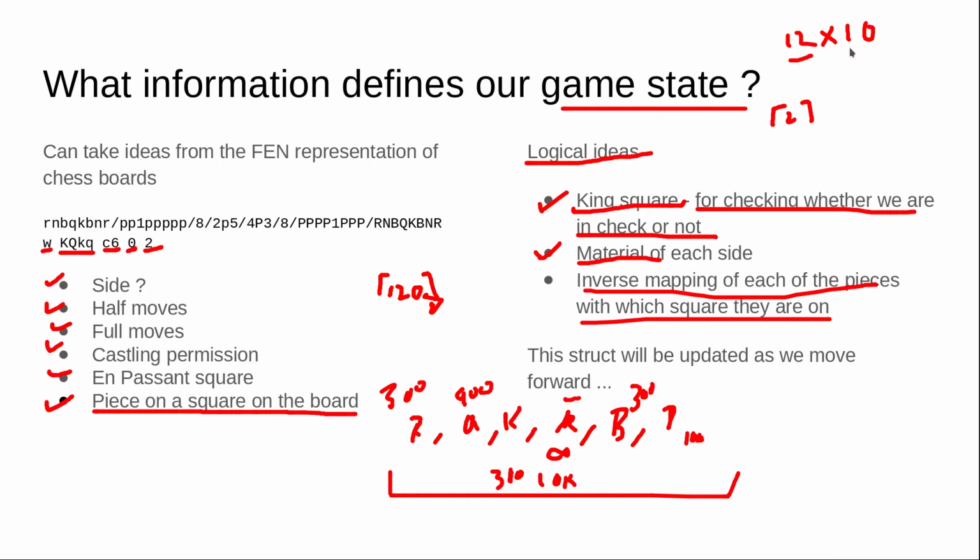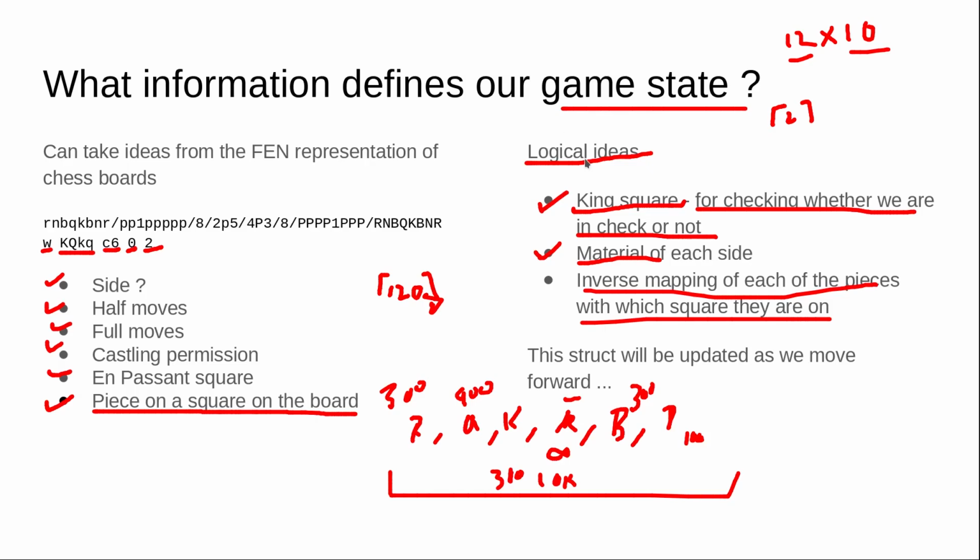And then 10 because we can promote all eight pawns to any of the remaining four pieces. So this array would represent the square location of each piece present on your board. We would be updating this structure as we learn about your searches.